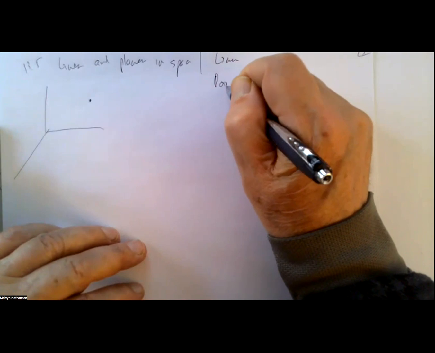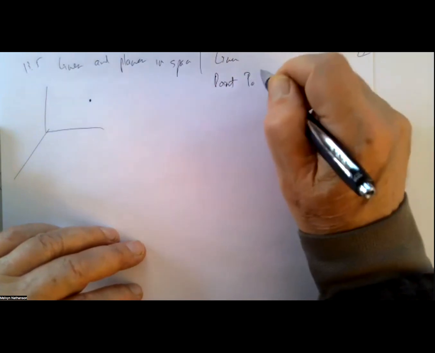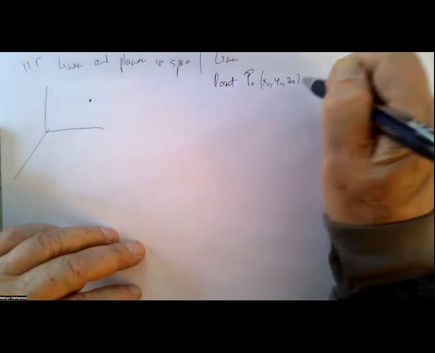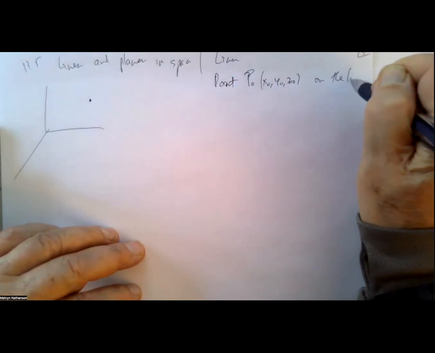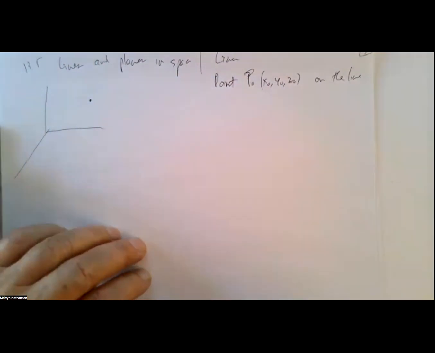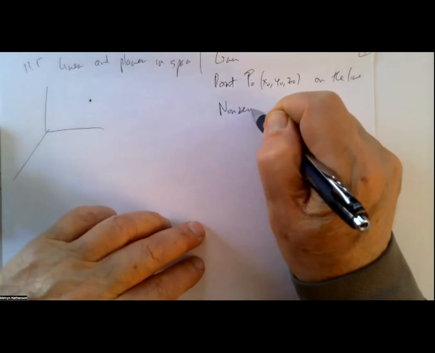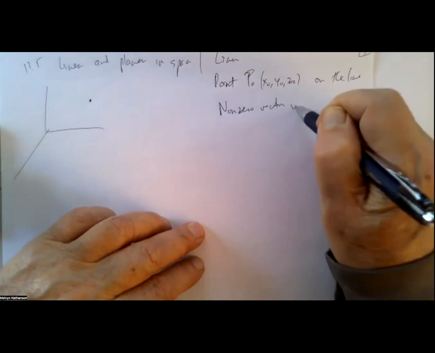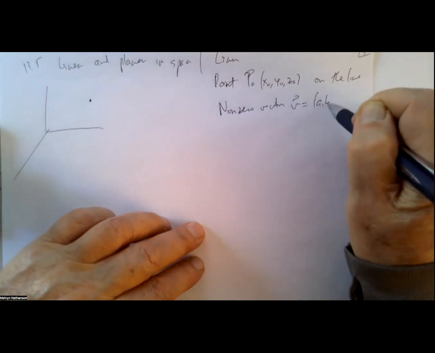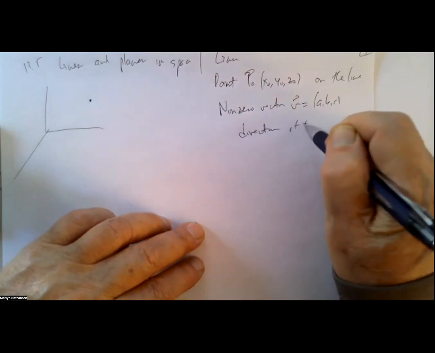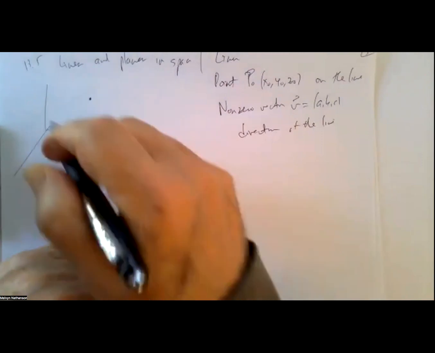So you have a point, say P0, with coordinates x0, y0, z0. This is a point on the line. And you have a certain direction. So your direction is a non-zero vector, v, say with coordinates a, b, c, which describes the direction of the line.